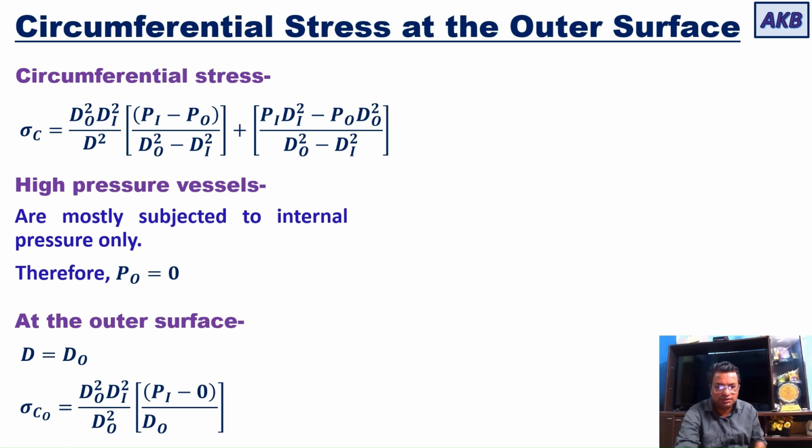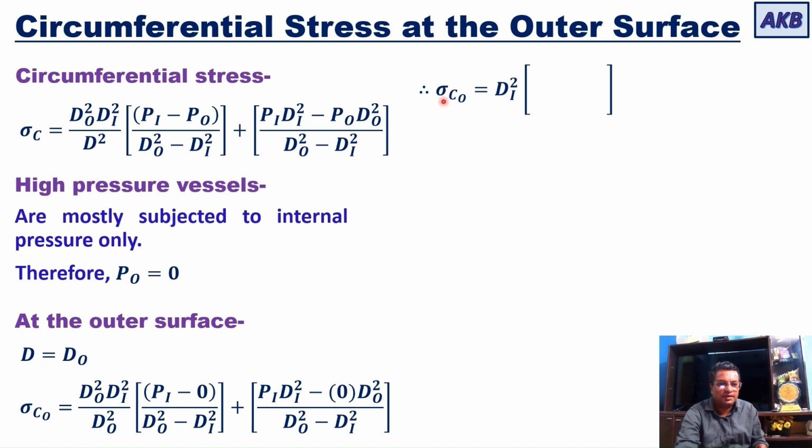Sigma CO is equal to dO square, di square upon dO square. We have replaced d with dO. Pi minus 0, P0 is 0, over dO square minus di square, plus Pi di square minus P0, which is 0, so 0 into dO square divided by dO square minus di square. Therefore, dO square will get cancelled.